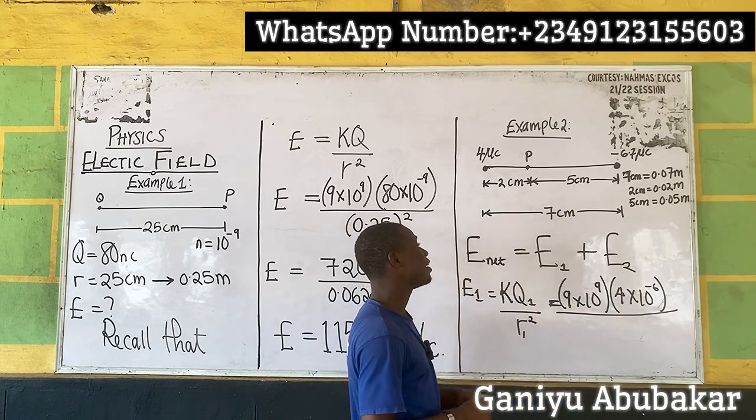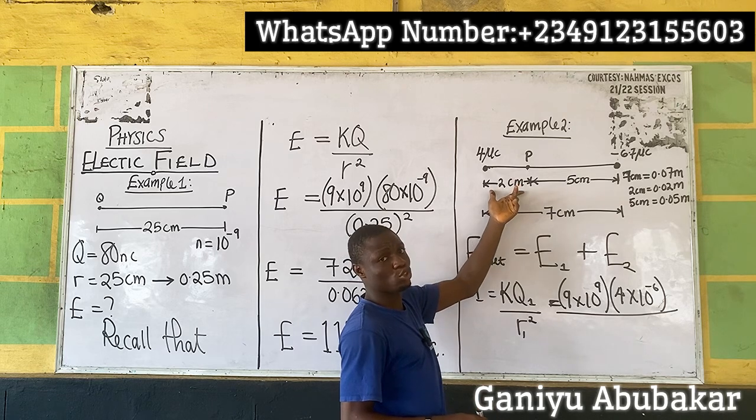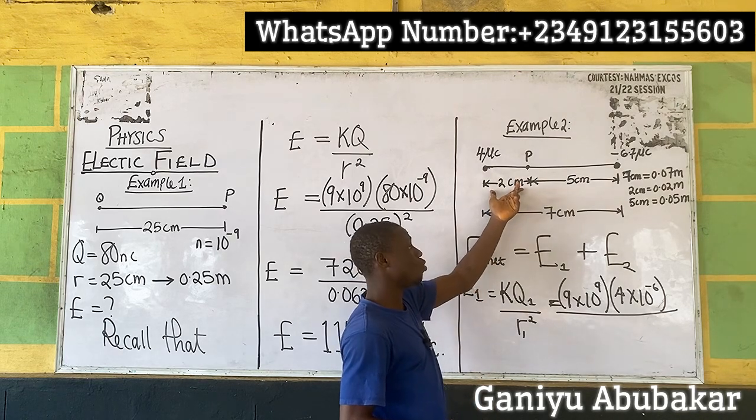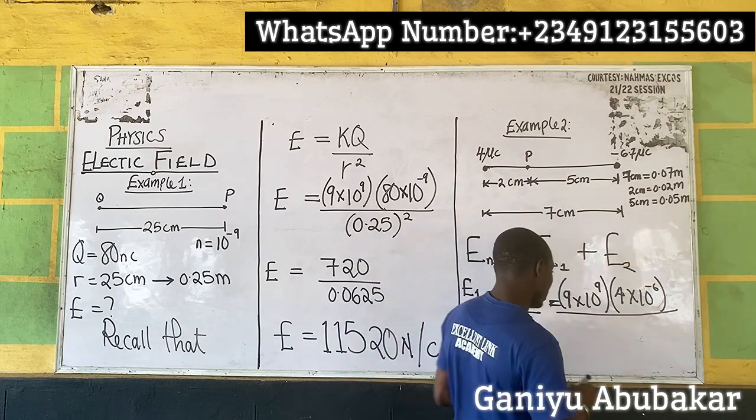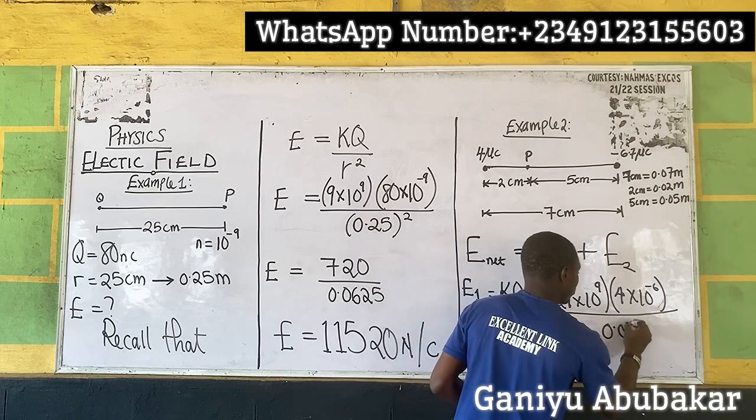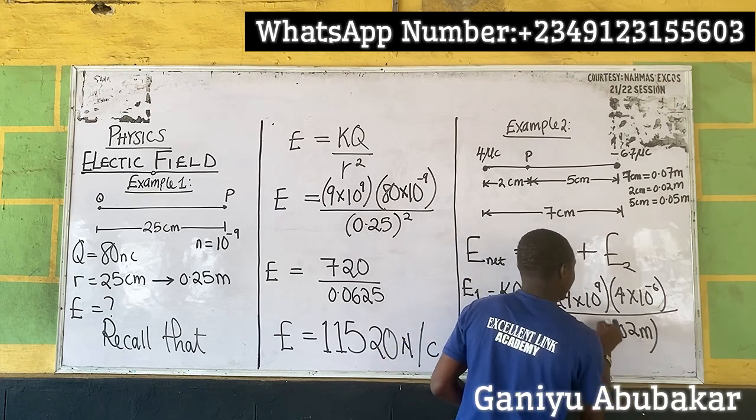R1 is your first distance, 2 centimeters, which is 0.02 meters, all squared.